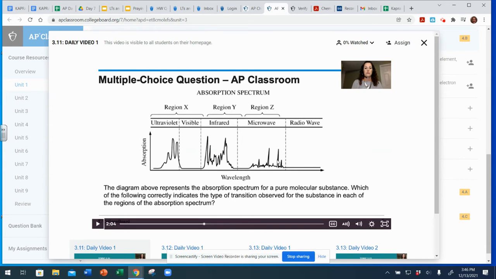Microwave radiation, this is showing molecular rotation, and infrared radiation, this is showing molecular vibration. And ultraviolet and visible is what we already knew. So this is electron transitions from higher energy levels to lower, or when it's absorbing like this, from lower energy levels to higher energy levels. So this is largely a memorization type question.